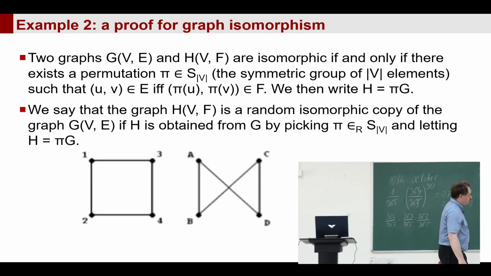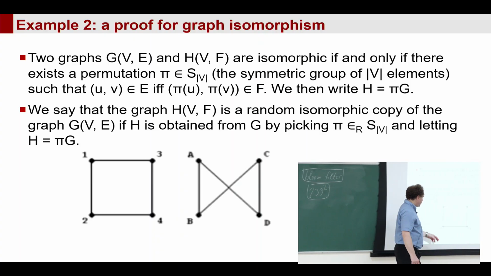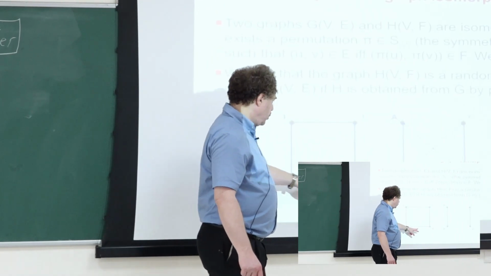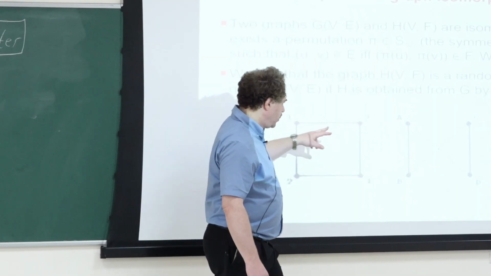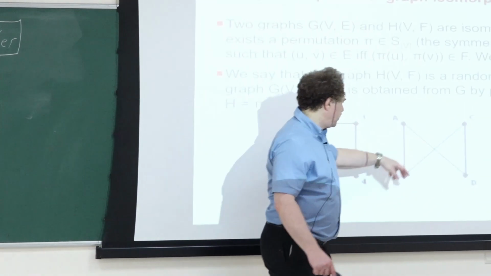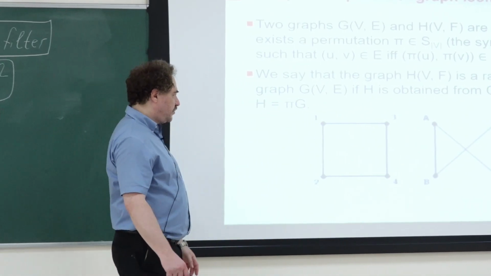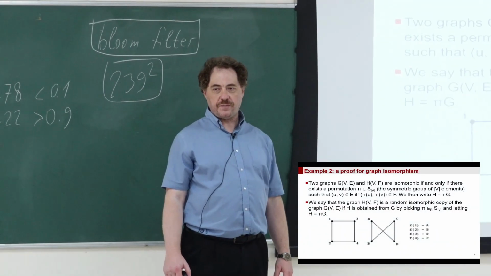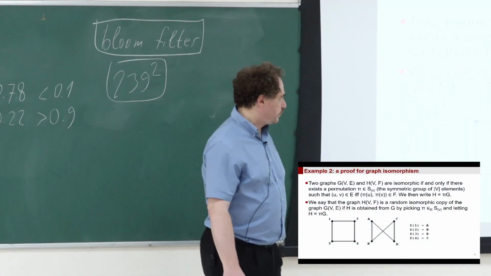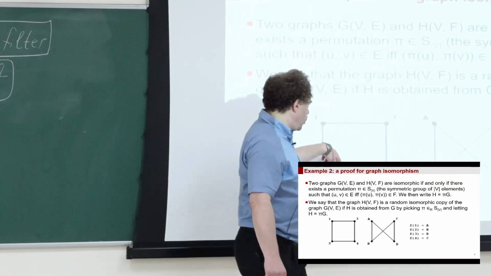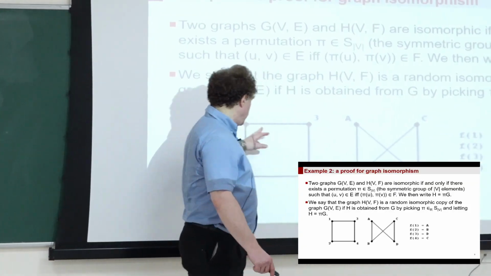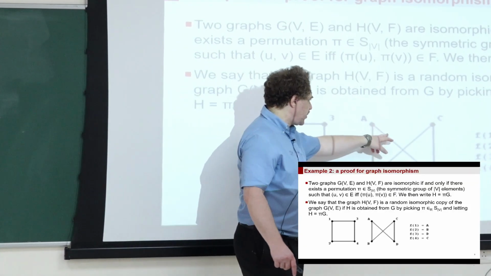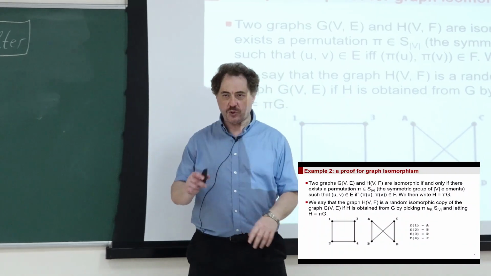Here's an example of the 2 graphs, right? So here we have a rectangle. Here we have this shape of a butterfly or something. Is it isomorphic? Can we have a mapping? It's the same nodes, right? Can we map the nodes of this graph to nodes of this graph so that the edges would correspond?